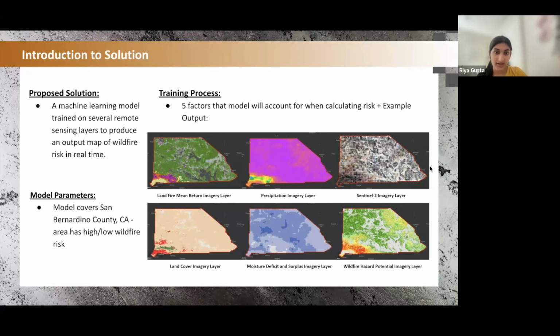Our training process included 5 input layers with 1 output layer to train our model as to what an ideal result would look like.